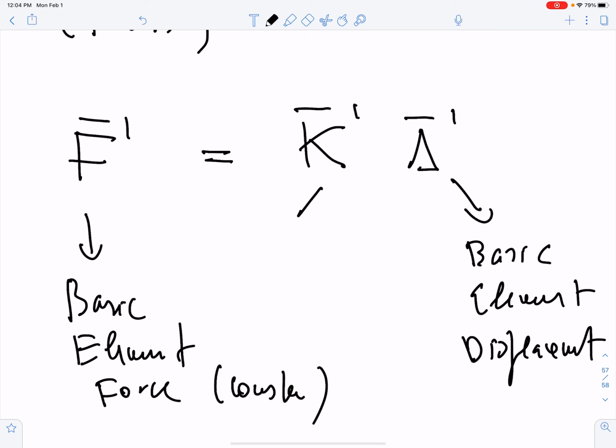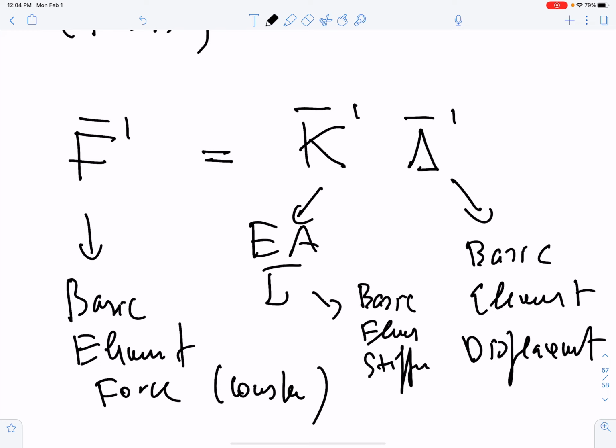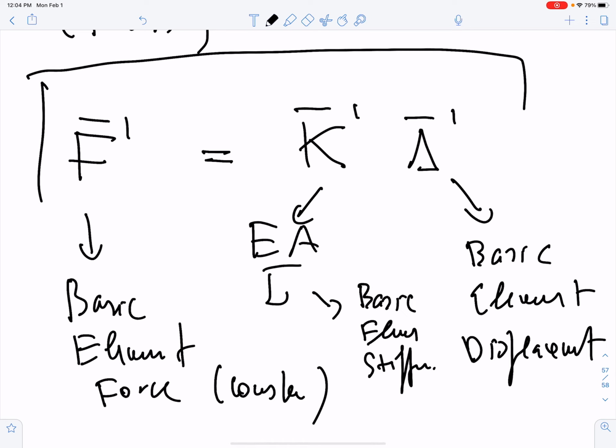This guy is exactly EA over L, and we call it basic element stiffness. So for a truss element, we have this very simple relationship. This is a 1 by 1 vector, this is a 1 by 1 vector, and this is a 1 by 1 matrix. All right.